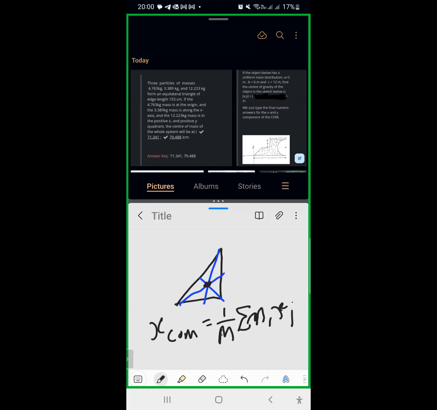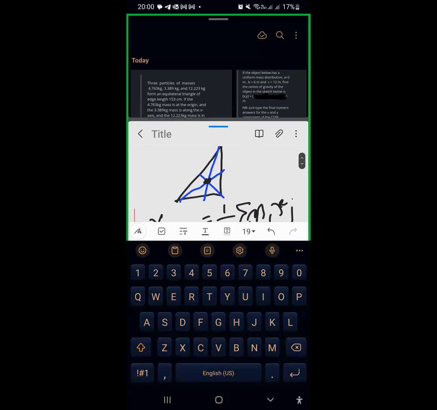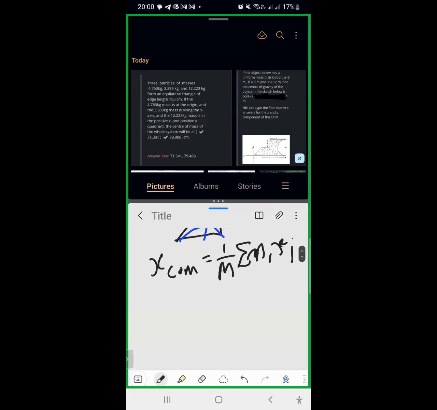And then the y center of mass is given by 1 over M multiplied by the sum of masses at that point multiplied by the y coordinate at that point.